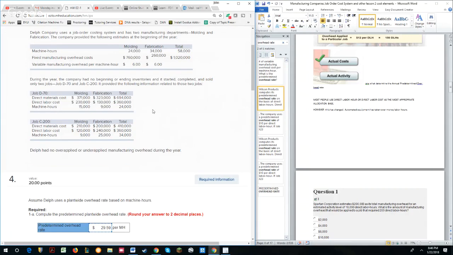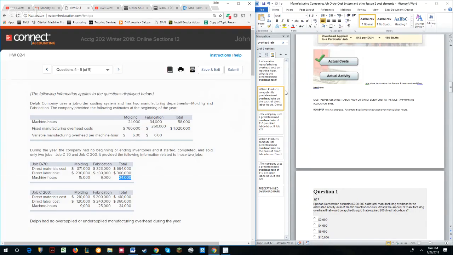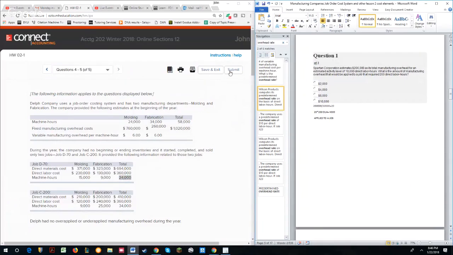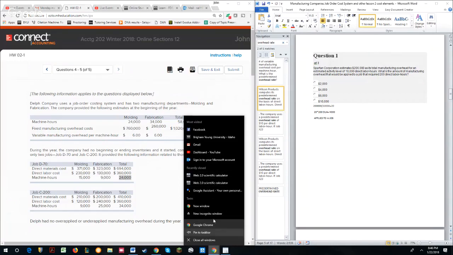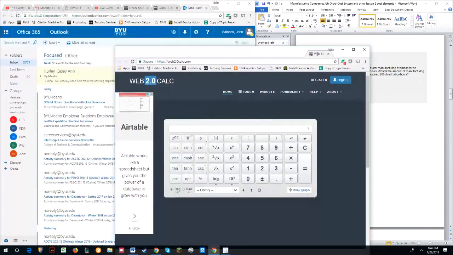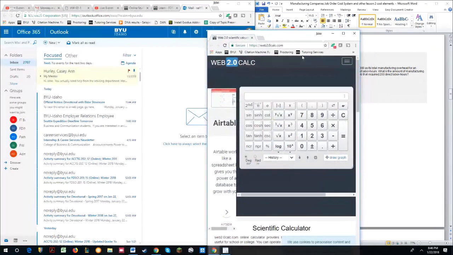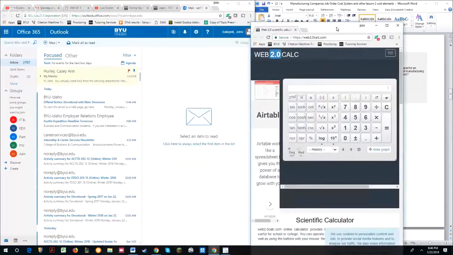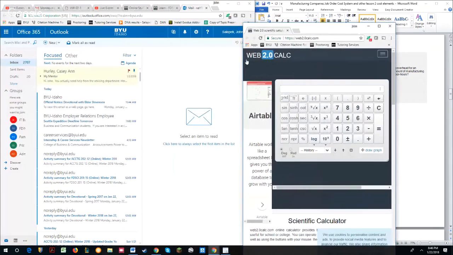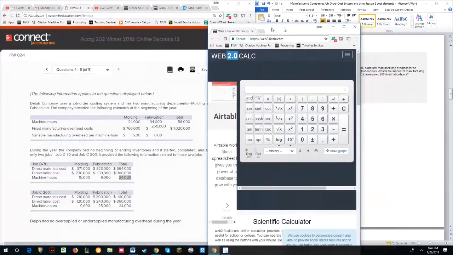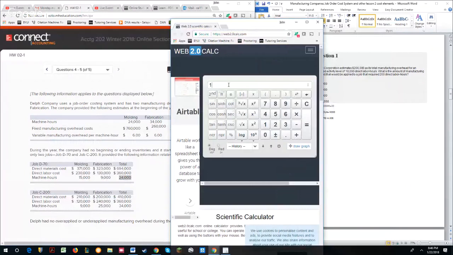So if we take 6 times 34,000, hold on, let's back up. So, calculator. So our total manufacturing overhead, we have our fixed at 1020 plus 6 times 24,000.